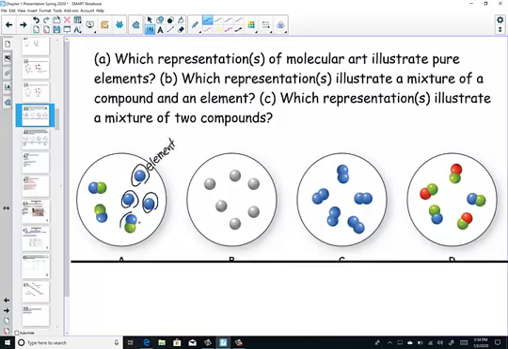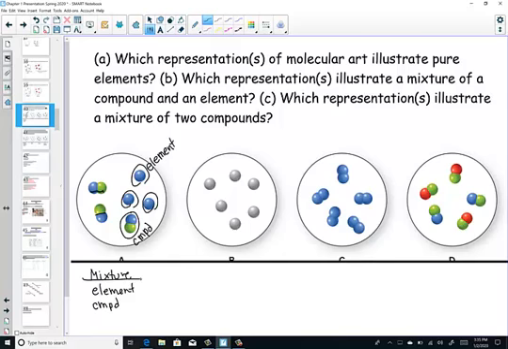And here I see a blue atom and a green atom bonded together. So this is a compound, and I have three of those. So this particular molecular art is a mixture, and I see an element and a compound in that mixture, blending together in the same container.